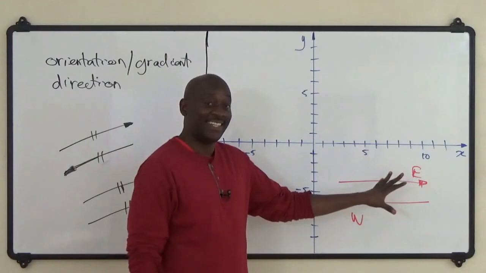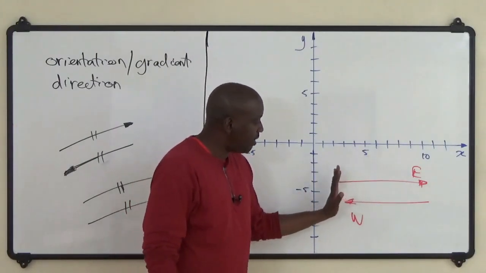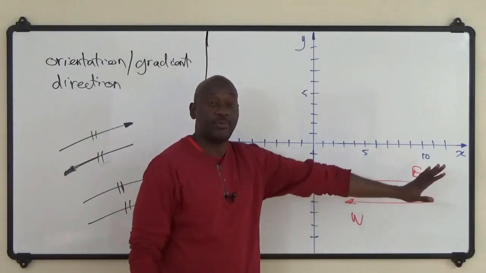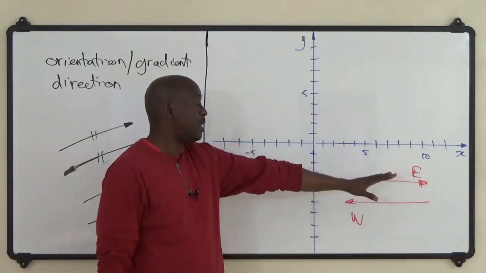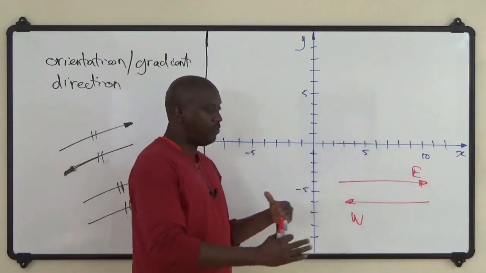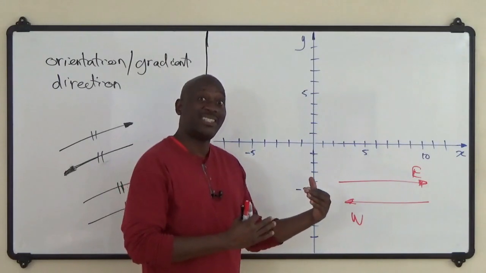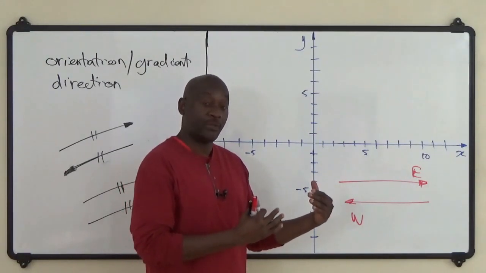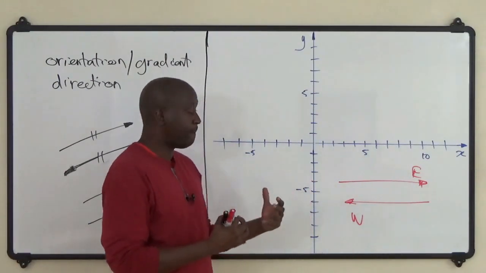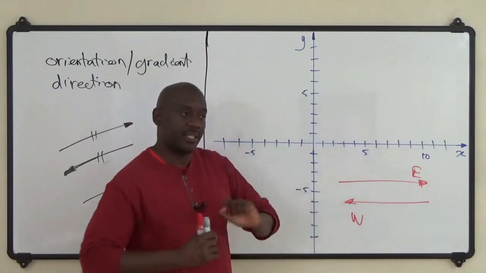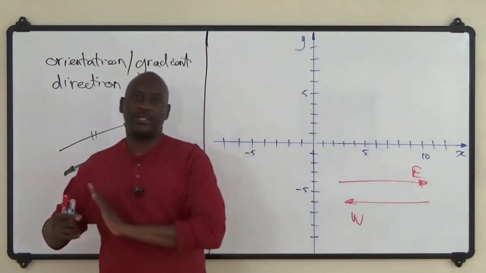These two are moving in opposite directions, diametrically opposed to each other, so to speak. However, the general orientation is horizontal, right? So you're getting a sense of what we're talking about now. The orientation is horizontal. You're moving east or you're moving west.